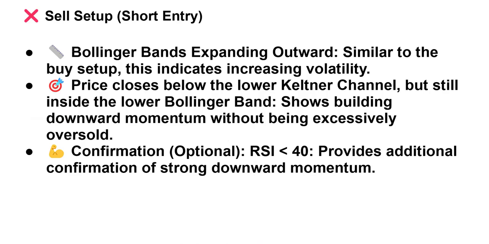Price closes below the lower Keltner channel, but still inside the lower Bollinger Band. This shows building downward momentum without being excessively oversold. That means you can enter into the trade where it has not been exhausted. You have got room for your trade.